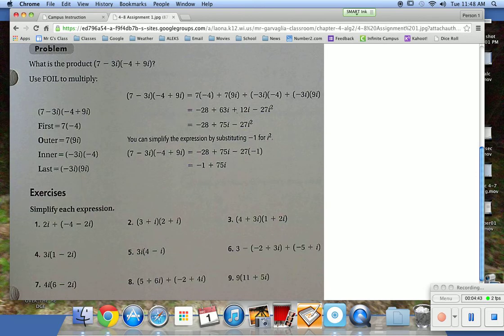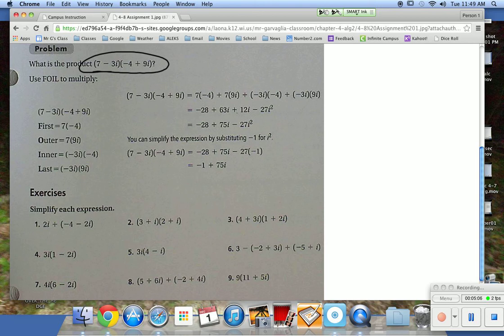So let's take a look here once. If we were going to multiply two of these together, knowing now that i squared is equal to negative 1, this is important. We're going to multiply these out.